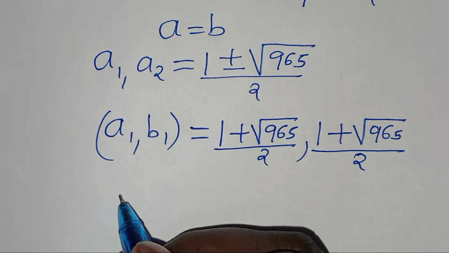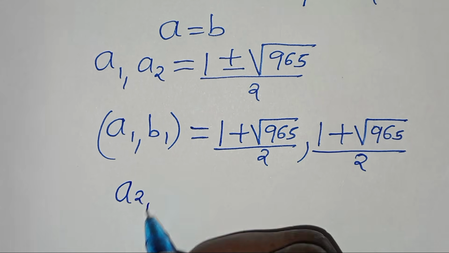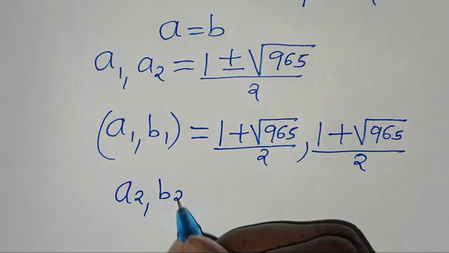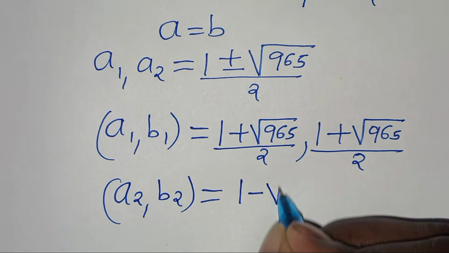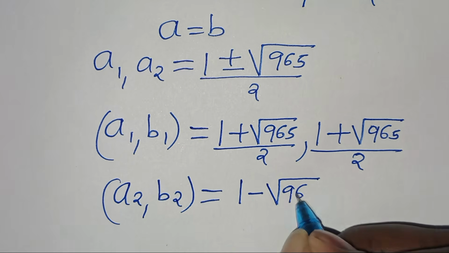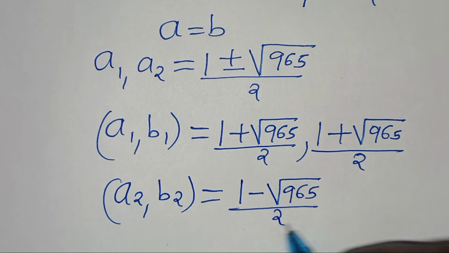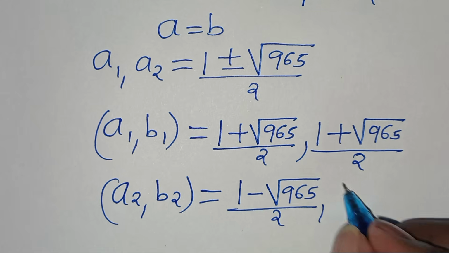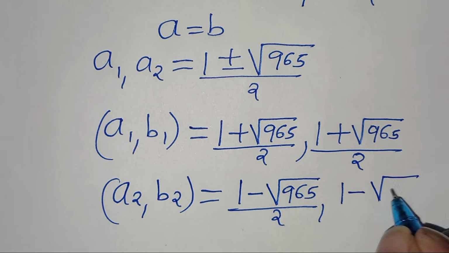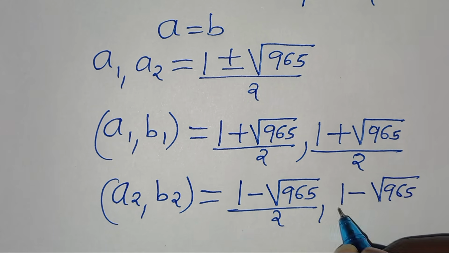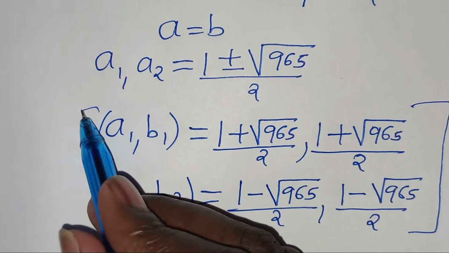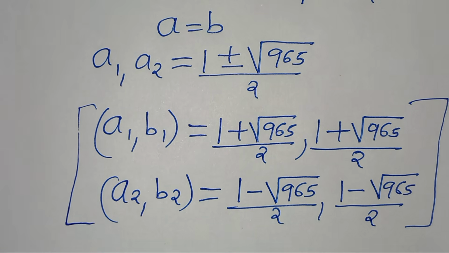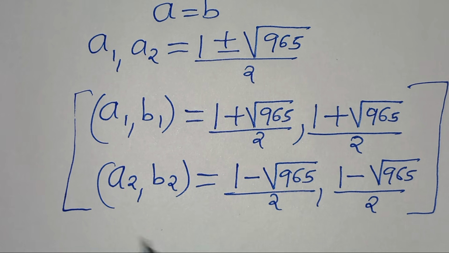Now we have the second set of solution here, which is a2, comma b2, equal to 1 minus square root of 965 divided by 2, and we have b2, which is 1 minus square root of 965 divided by 2. So these are the first two sets of solutions that we have under case 1. So let's proceed to case 2.